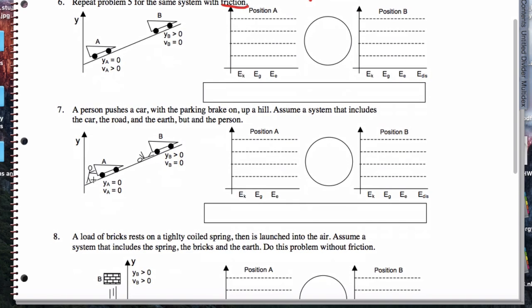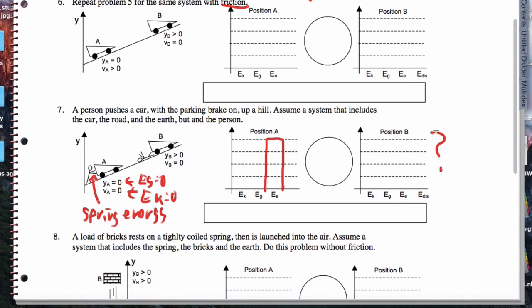And then for number 7, what I'm going to recommend you do here is treat this as spring energy. So what we're saying is that we have all elastic to begin with, because this tells us EG is 0 and EK is 0 to start with. So you've got to figure out what's happening here.